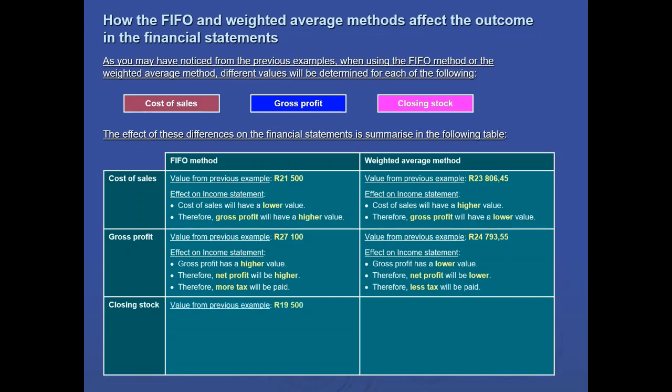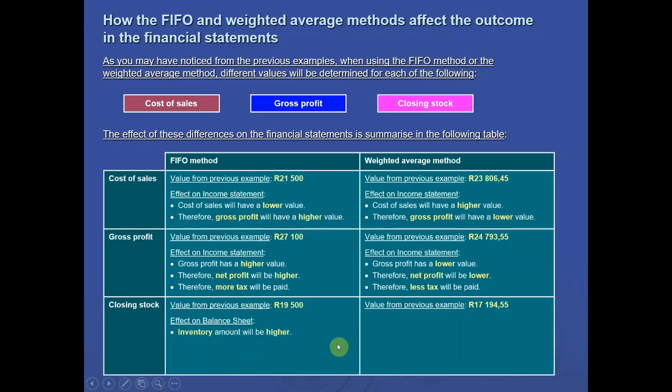So when we look at the closing stock, the value from the previous example for first in first out was 19,500, and then for the weighted average method the closing stock value was 17,194.55 cents. So you see the value of the closing stock is higher for the first in first out method.